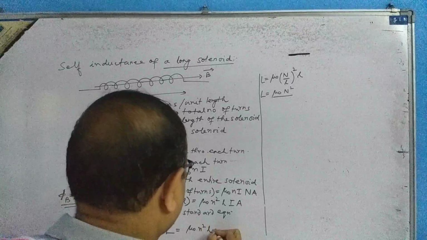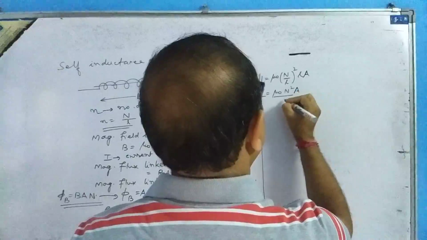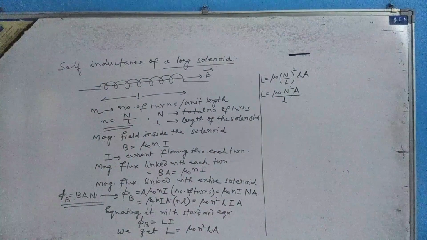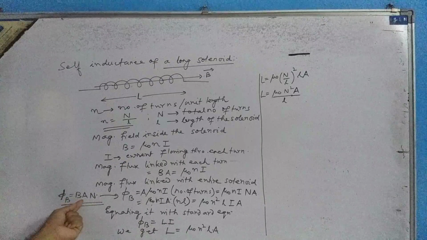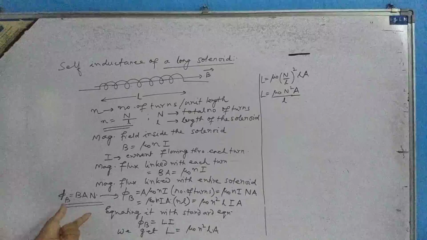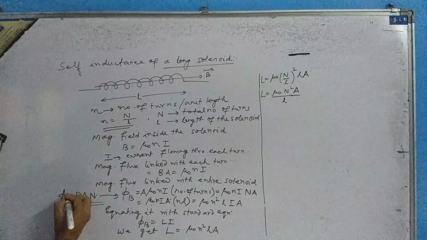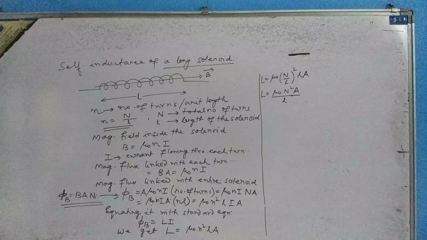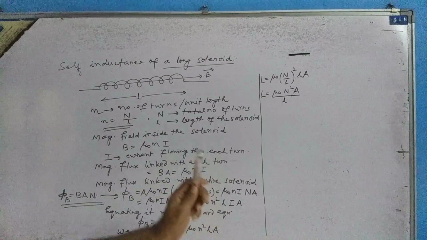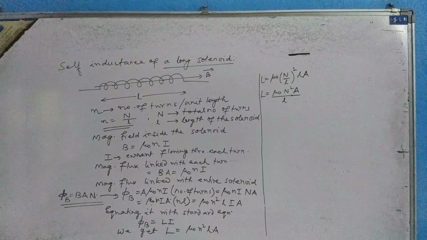This is A, so here also it is A. Here also it is A. Only a very small thing, that only this term A was left. Actually our formula should be this, with the magnetic flux linked with the entire solenoid equal to this value, right? Phi B is equal to B into A into L. So what will be the value of phi B? It will be equal to this. Okay?